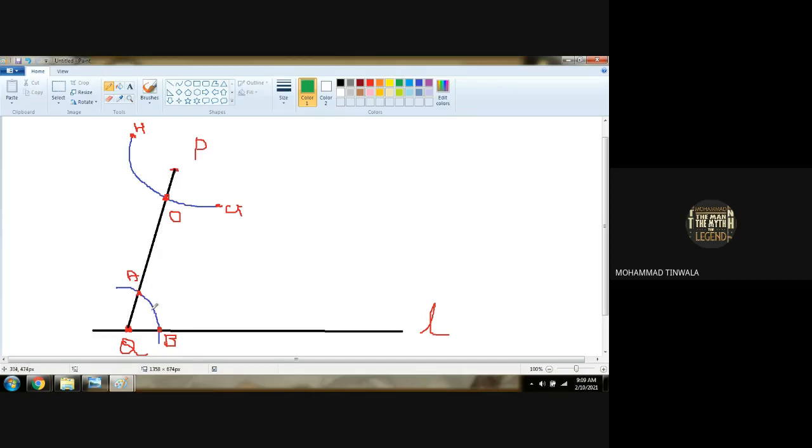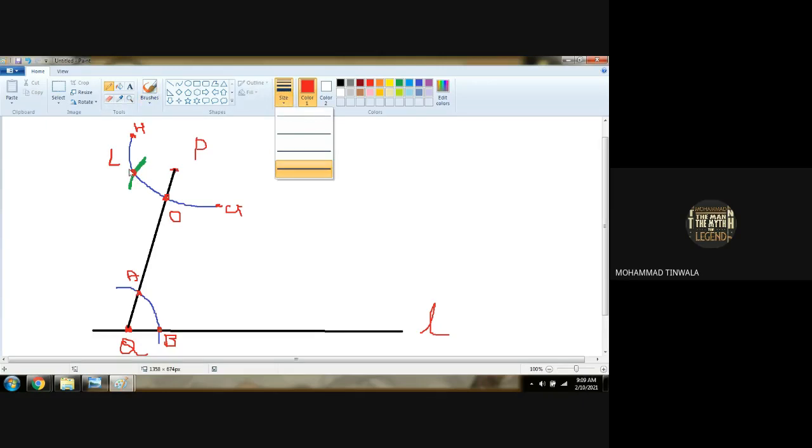By taking this measurement, again we point at O here and draw an arc in such a manner that it intersects the arc GH like this. Now we name this intersecting point L. Whatever name you take, it doesn't matter, boys.